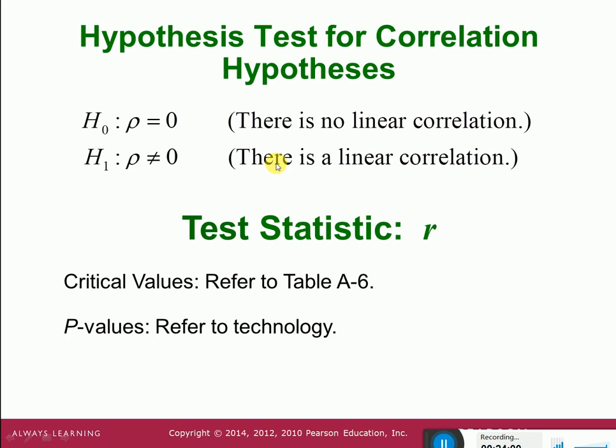We will use the test statistic R and compare that to the critical value, or refer to table A6. We can also use the p-value method from previous chapters, but I'm not focusing on the p-value for this chapter. I want to focus on table A6 and the critical value.